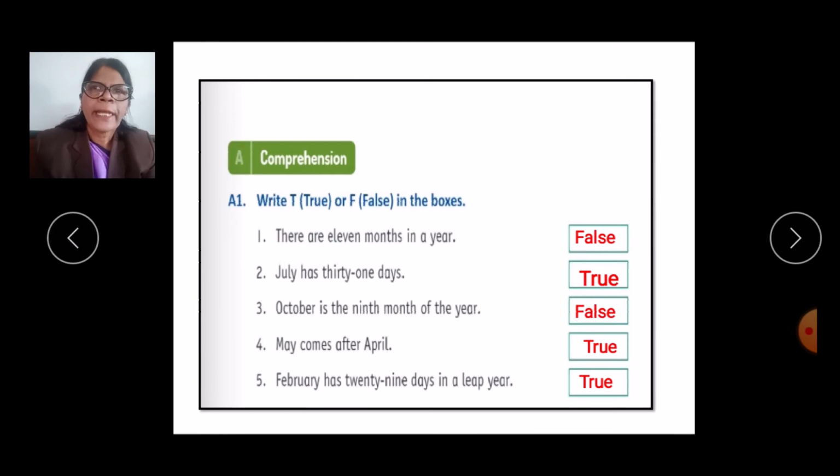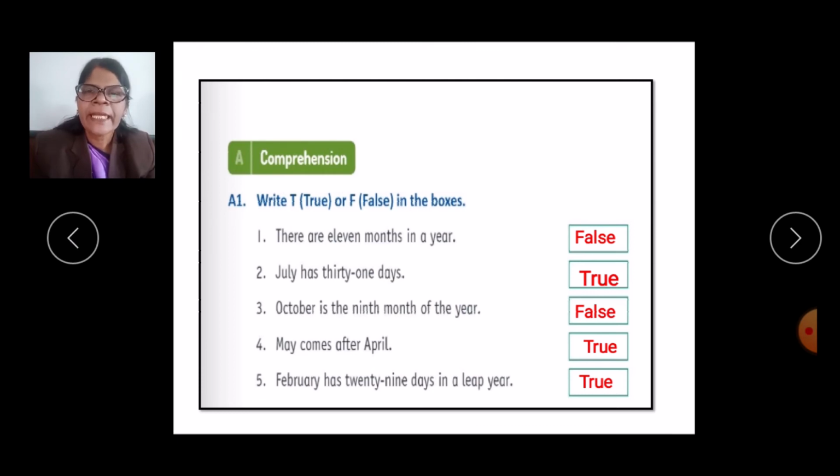Now let's go to A Comprehension A1. Write T for true or F for false in the boxes. Now we have already seen in the slides, so it's easy for you to answer. The first one, there are 11 months in a year. Can you tell me how many months are there? 12 or 11?